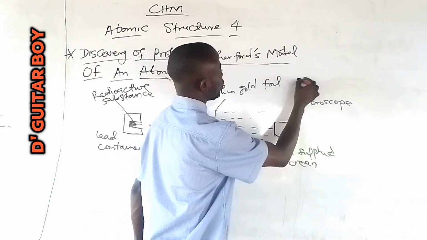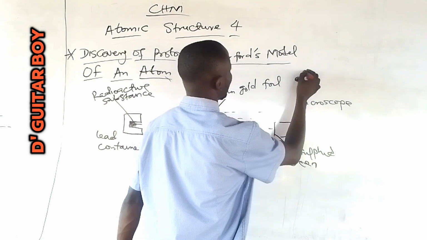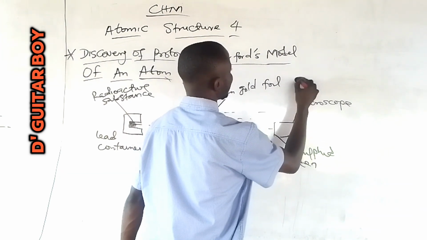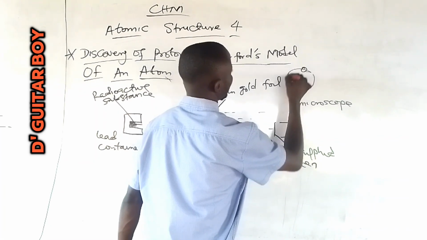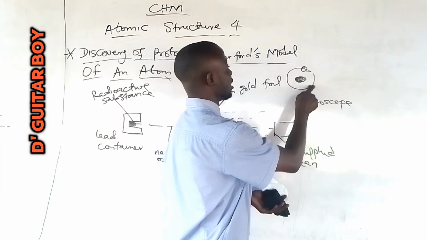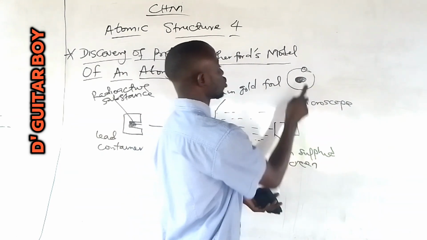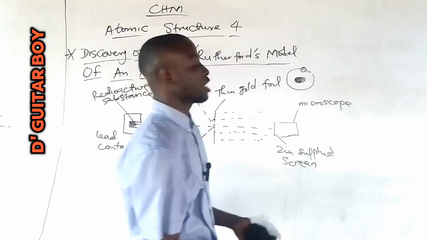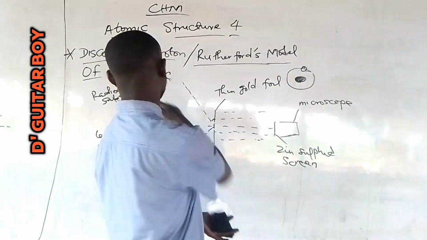radius of the nucleus. This is now the model: an atom has a positively charged center nucleus and electrons revolve around the nucleus, and the positively charged center nucleus contains what we term today as protons.